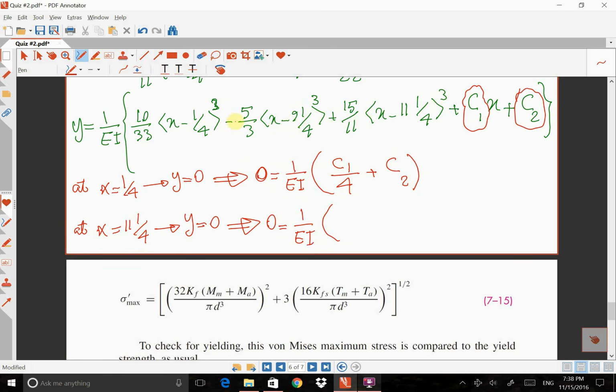But these two will be positive, so I have to find the value. 11 and a quarter minus a quarter will be 11, 11 to the power of 3. Minus here, 11 and a quarter minus 9 and a quarter will be 2, 2 to the power of 3 is 8. 8 times 5, 40, 40 divided by 3. So minus 40 divided by 3.